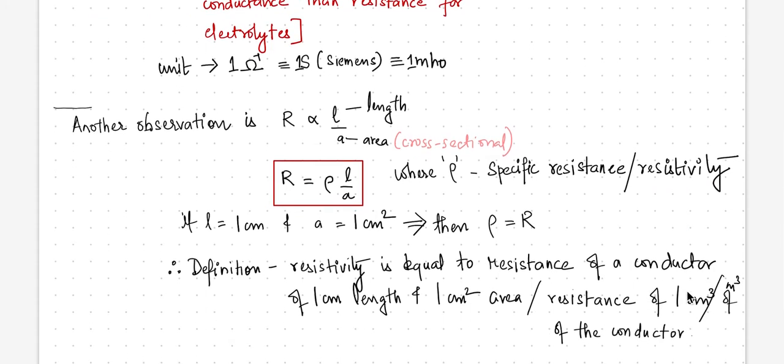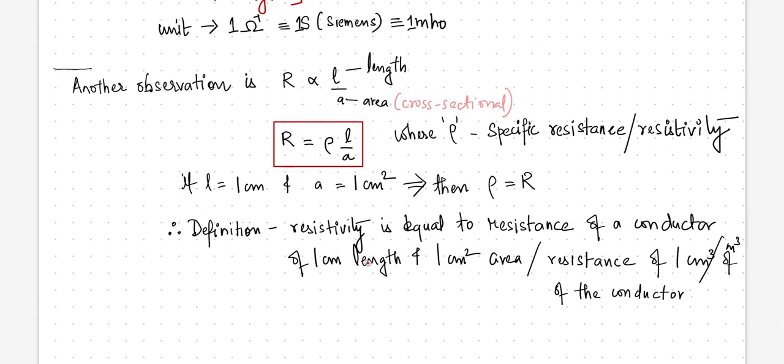Now, if you would like to define what resistivity is, you can define it in this way. If you substitute L as 1 centimeter and A as 1 centimeter square, then the resistivity is equal to the resistance.